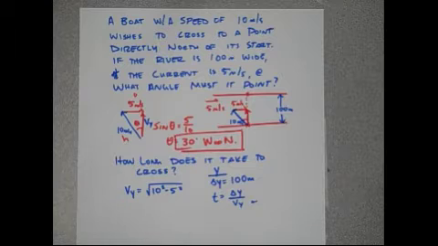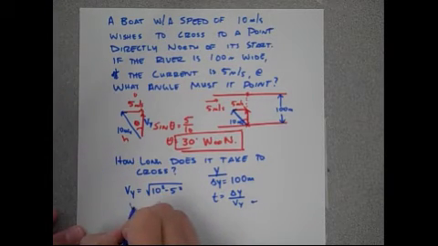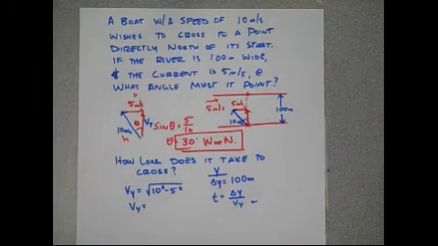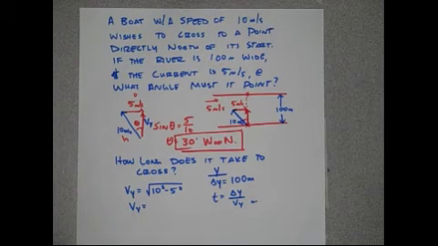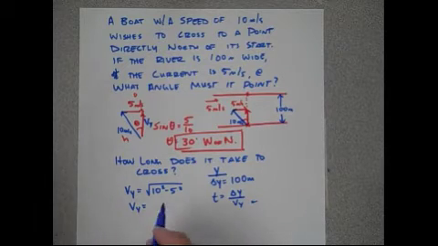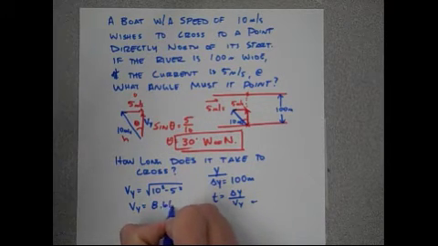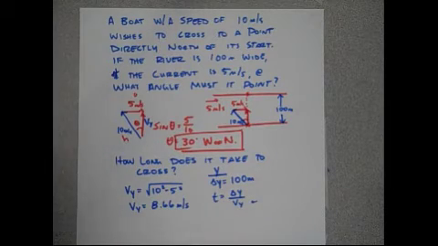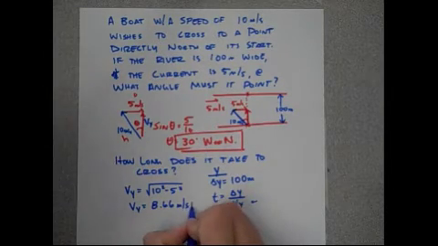We took the Pythagorean theorem and rearranged it a little bit. So that velocity in the y direction comes out to be 8.66 meters per second, right to the north.